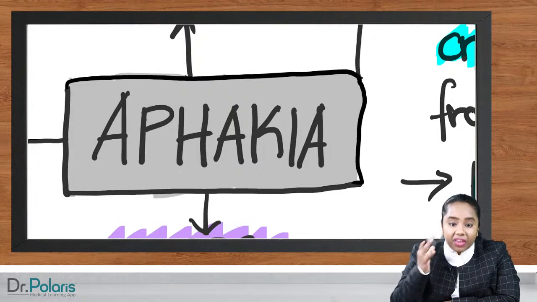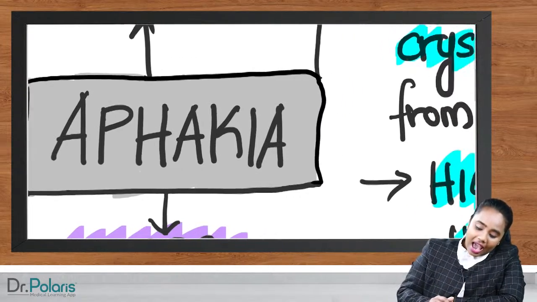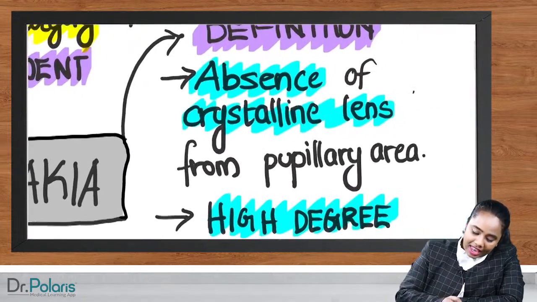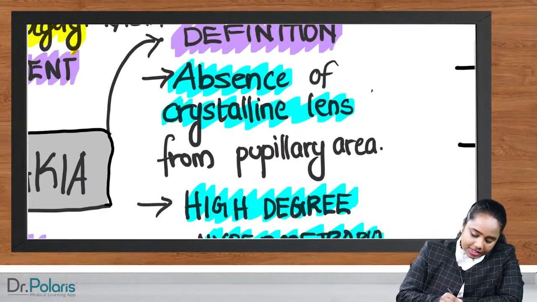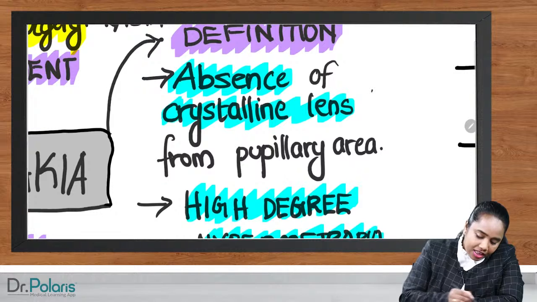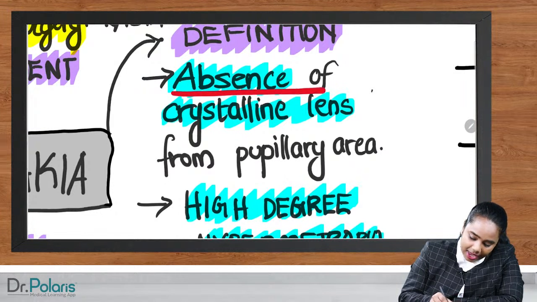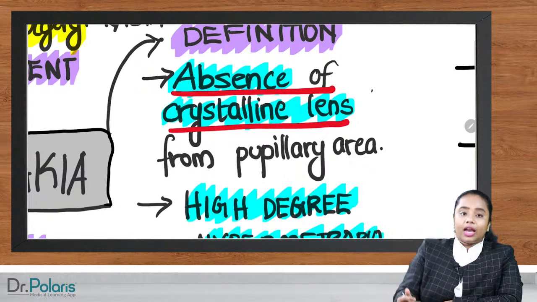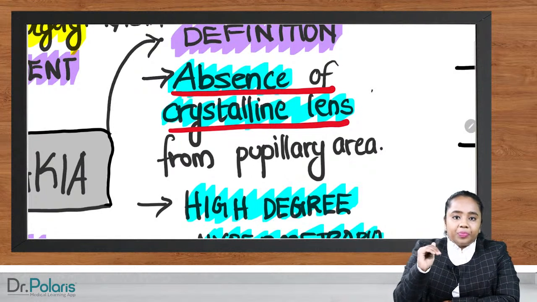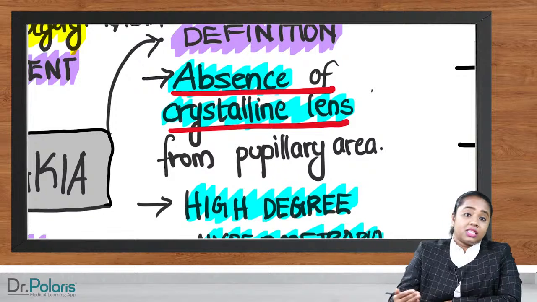Generally, aphakia means the absence of crystalline lens. So basically, by definition, the crystalline lens is absent. Usually we say absence of crystalline lens is aphakia.